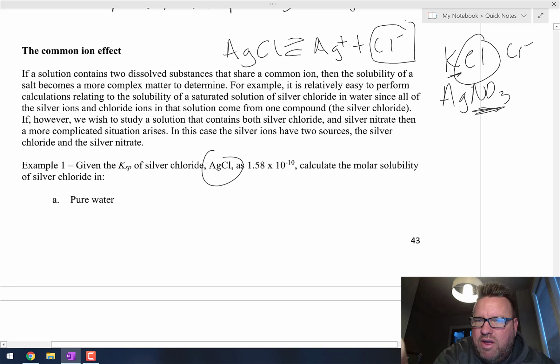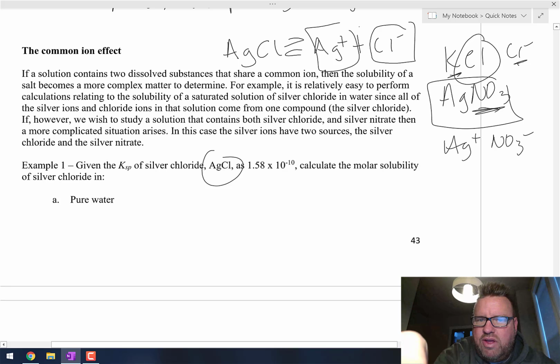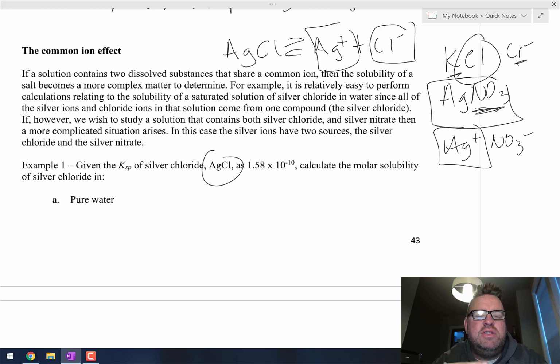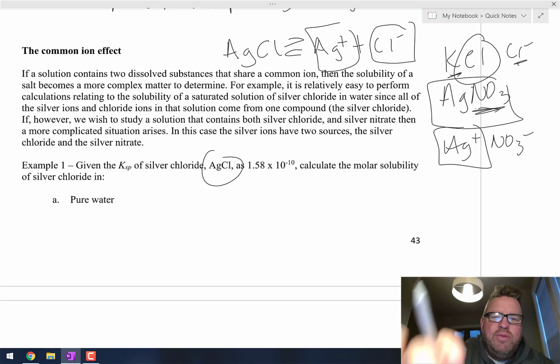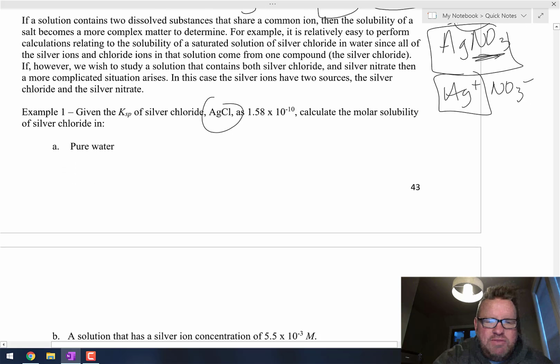Well, that would be the common ion, Cl minus. In silver nitrate, you get Ag+ and NO3 minus, so the common ion would be Ag+. Anytime you have a common ion, the reaction will shift back to the left and decrease the solubility of that compound. Okay, so let's look at some examples of this.